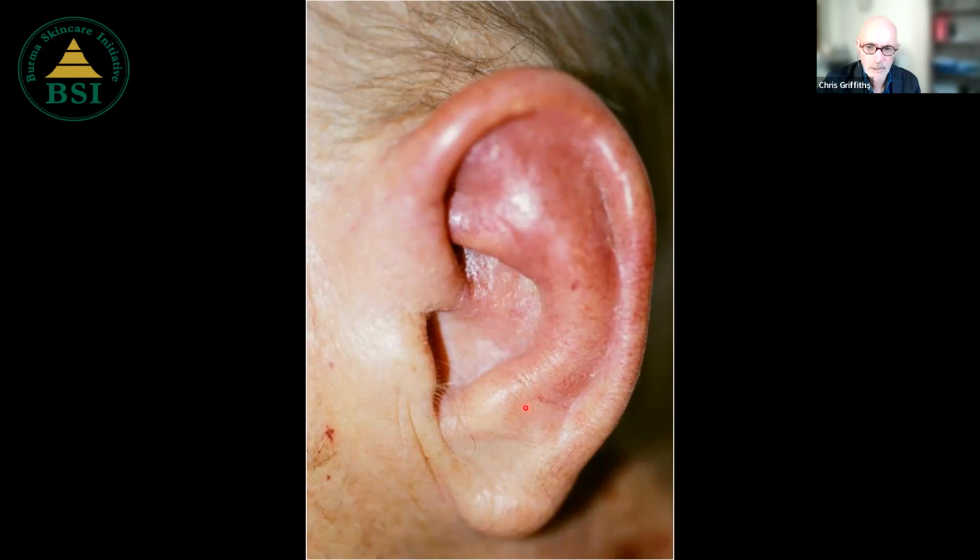It doesn't have cartilage there, and that's why that looks normal. It can often be quite a systemic disease. It can affect joints. It can affect the heart as well, and the respiratory tract. So it can be a very serious condition. But the classic thing I wanted to really show you was the sparing of the earlobe.